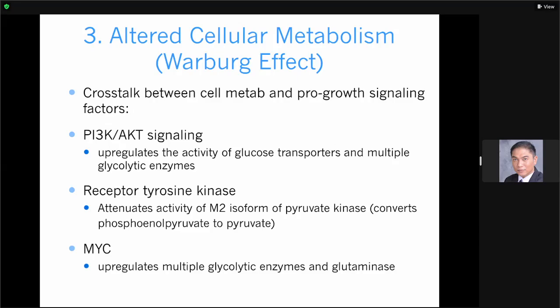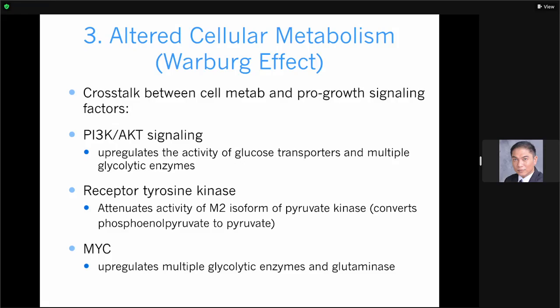So in altered cellular metabolism in cancer cells, there is a crosstalk between cellular metabolism and pro-growth signaling factors. So examples yan yung sa PI3 kinase AKT signaling. There is upregulated activity of glucose transporters and multiple glycolytic enzymes. In receptor tyrosine kinase, attenuation activity of M2 isoform, so M2 isoform of pyruvate kinase.